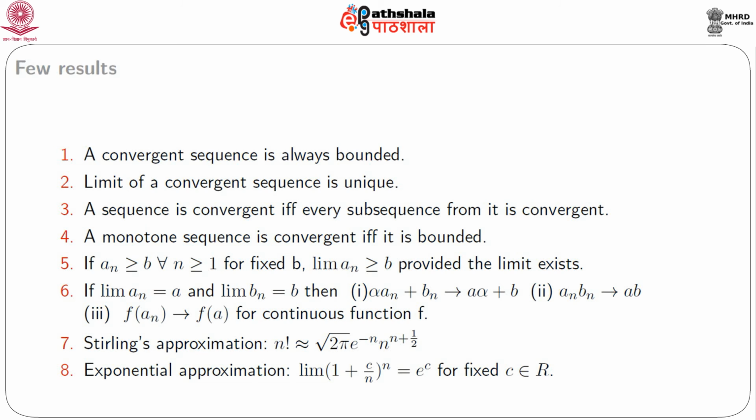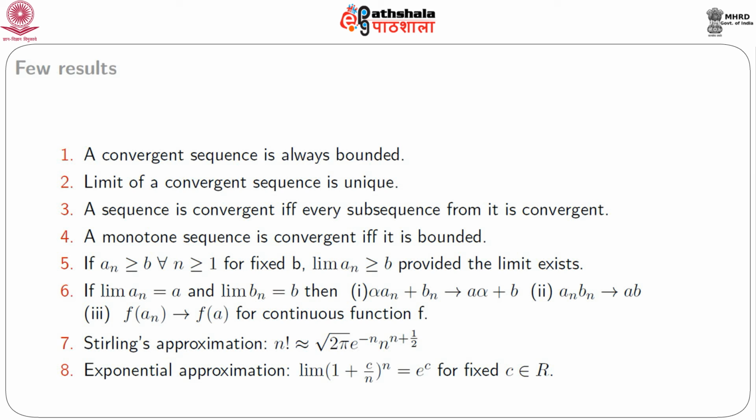So let us discuss a few results regarding convergence of sequences. First, a convergent sequence is always bounded. Second, the limit of a convergent sequence is unique. A sequence is convergent if and only if every subsequence of it is convergent.